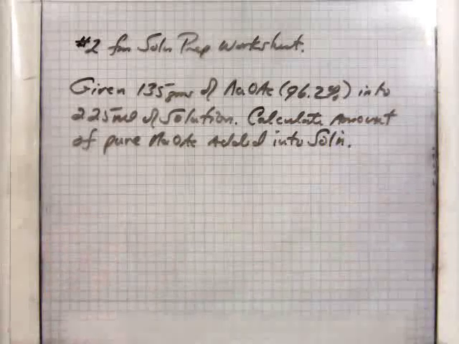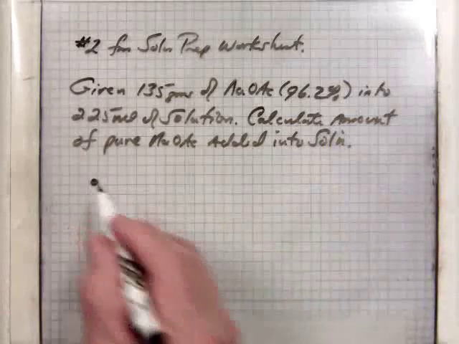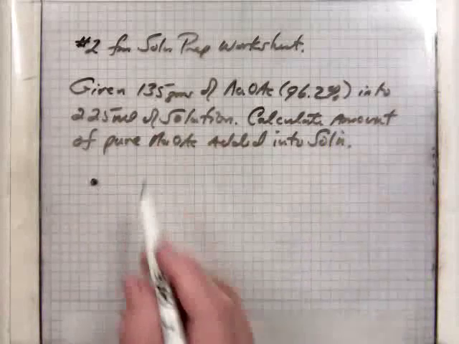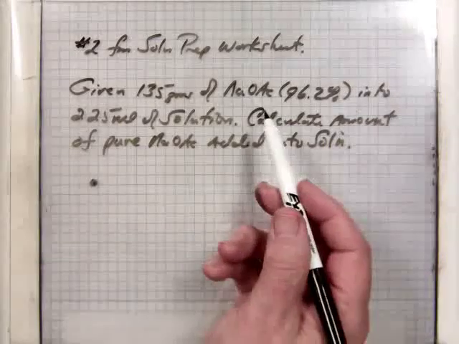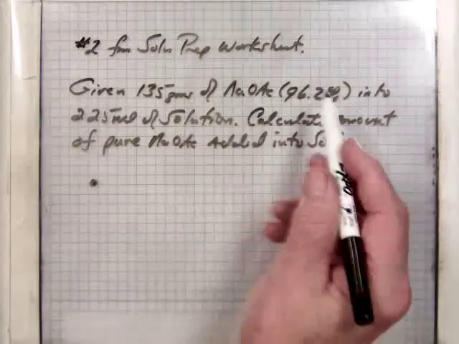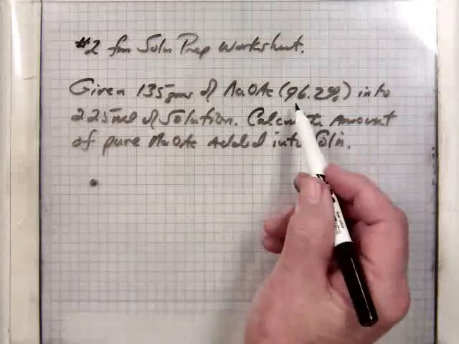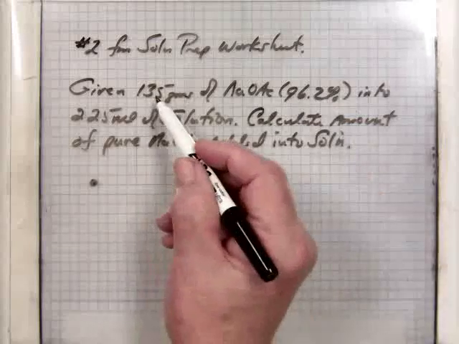Well, there are a couple of ways to work this problem. One is if you consider the 135 grams as the impure sample, then the pure amount added is 96.2% of the 135.